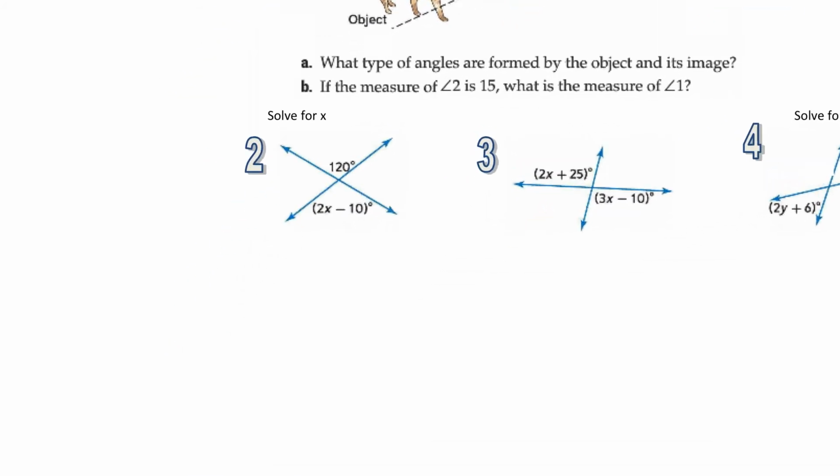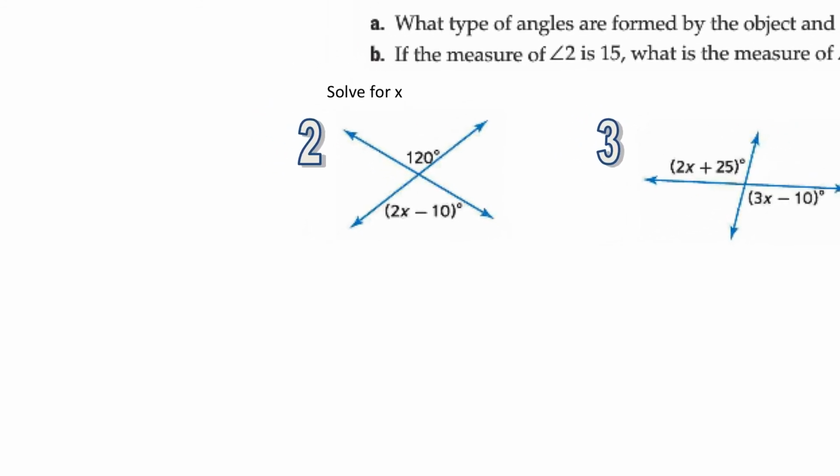So down here at the bottom, are these two angles right here vertical angles? Yes, they are. So what do I know about them? They are always congruent. So I'm going to set 120 equal to 2x minus 10.